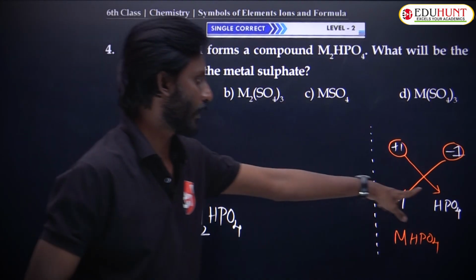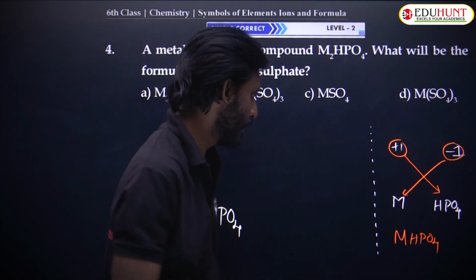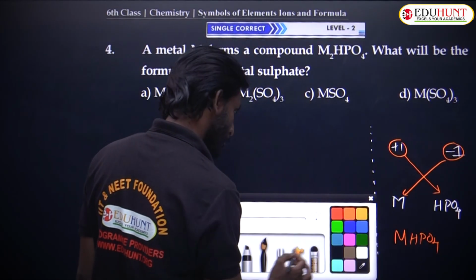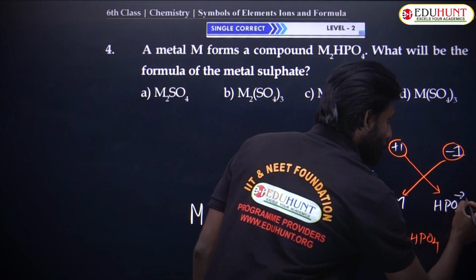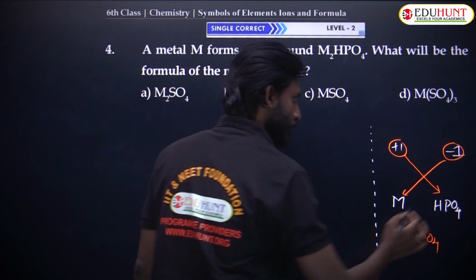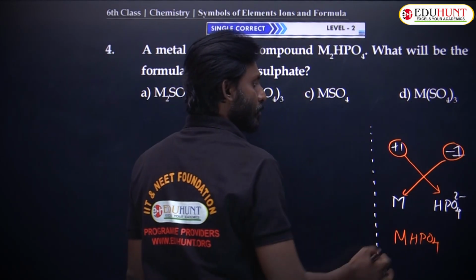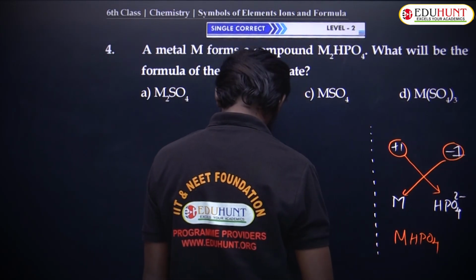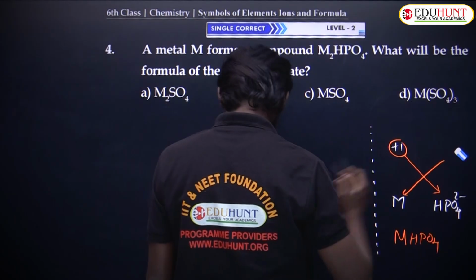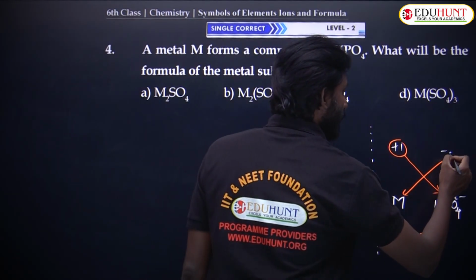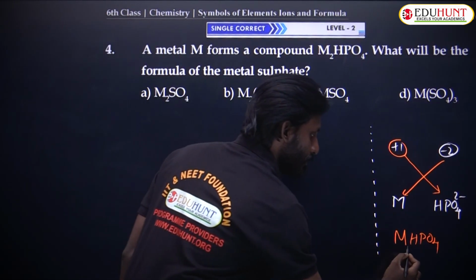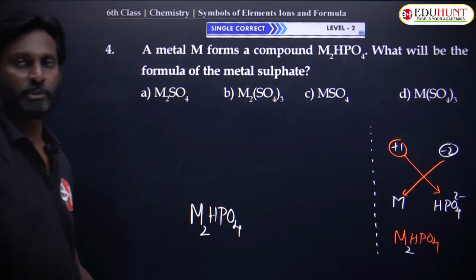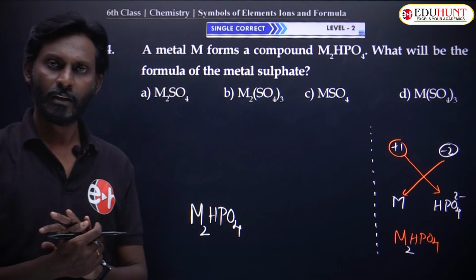No. Okay. I have taken the charge wrongly. The charge present here is -2. So how many M do you have to take? You have to take 2 M. So M2HPO4 is the formula. Okay?